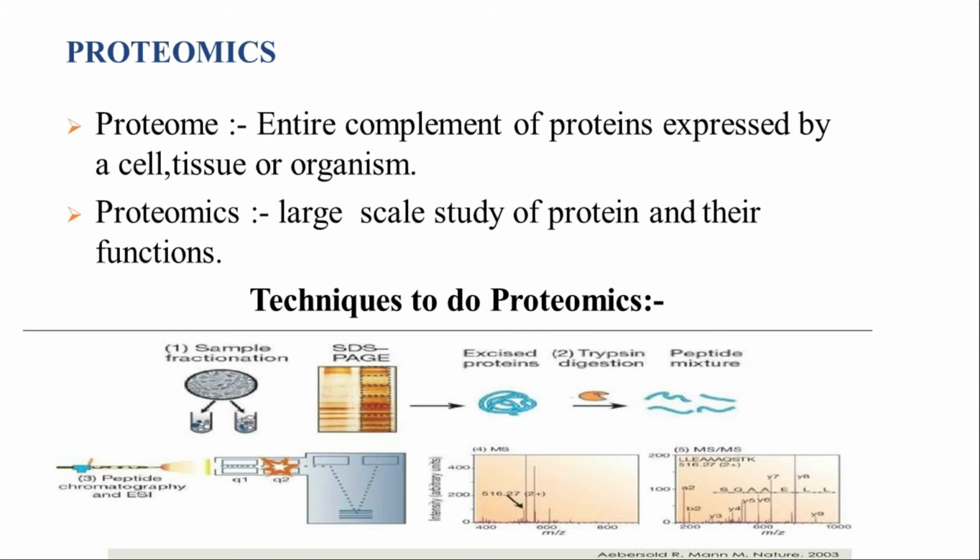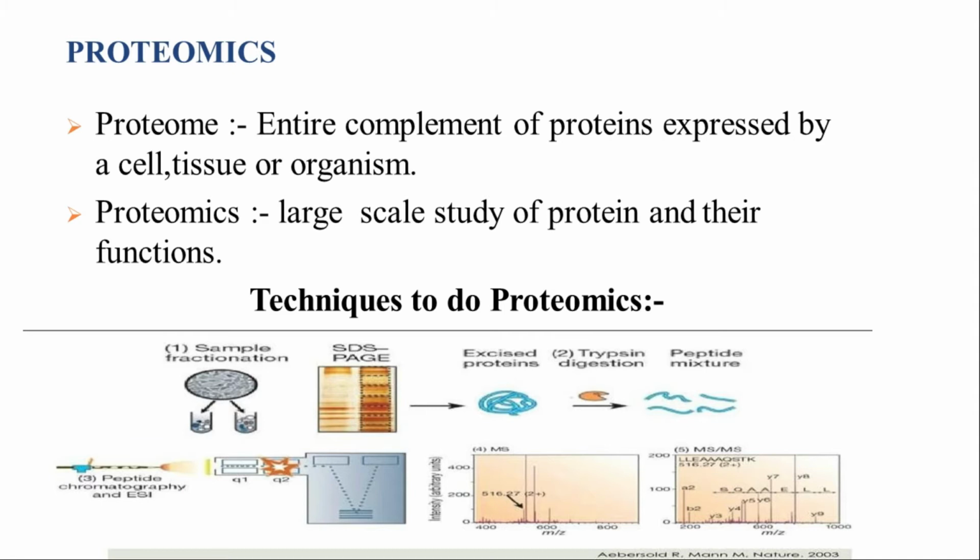Then they proceed to trypsin digestion, because trypsin is an enzyme responsible for the digestion of these types of products. A mixture of peptides is obtained, and this is passed through peptide chromatography and the electrospray ionization (ESI) technique.